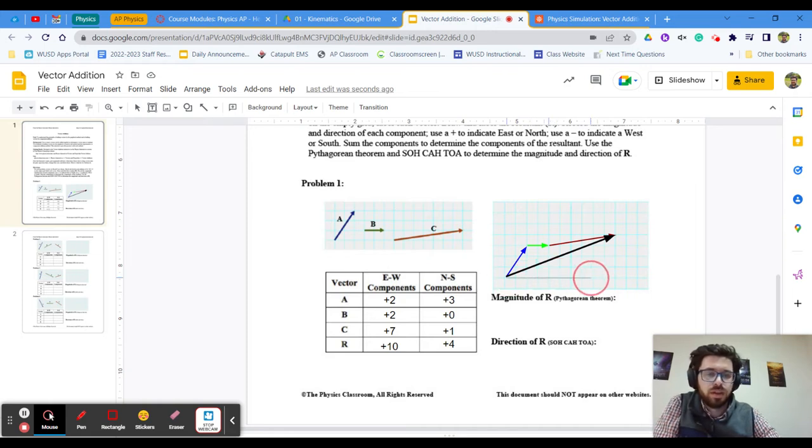We know that we have a triangle that goes 10 to the right, and we know that we have another component that goes 4 up. So that right there is our right triangle, right? You can actually use the Pythagorean theorem, and that's why it hints right here, the Pythagorean theorem, to go ahead and solve for that. So let's go ahead and do that.